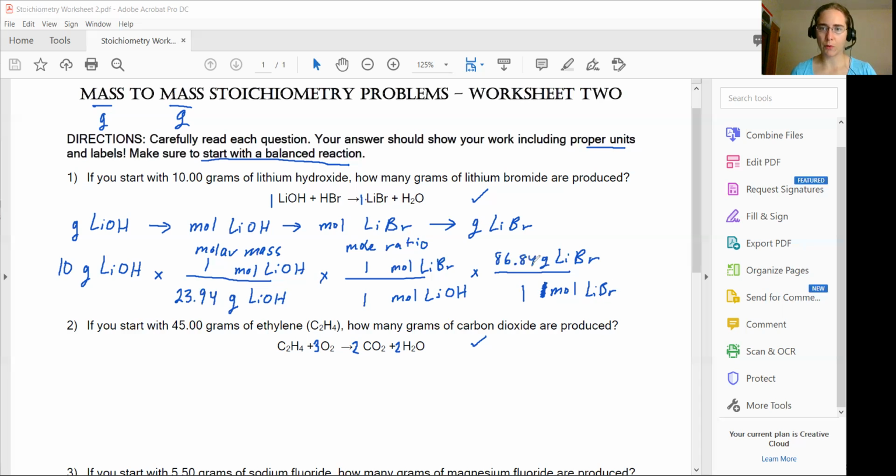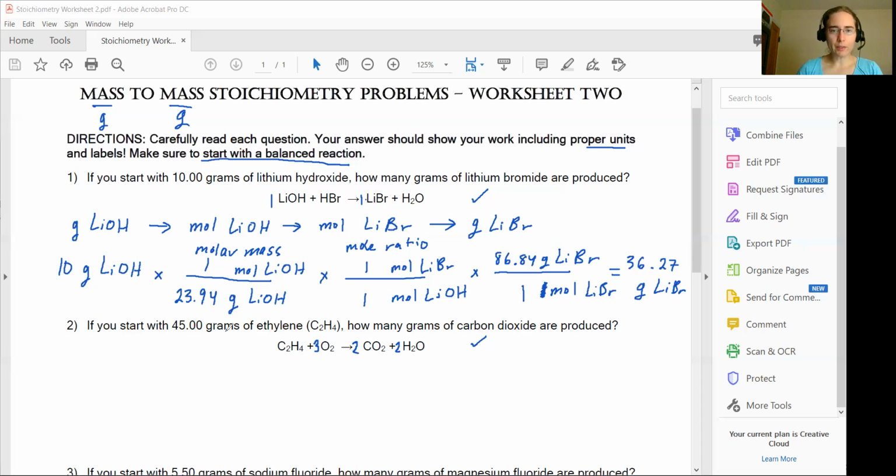So 86.84 grams of lithium bromide is equal to 1 mole of lithium bromide. And then when you do that math, let's see what we get. Times 10 and divided by 23.94, our answer is going to be 36.27 grams of lithium bromide.